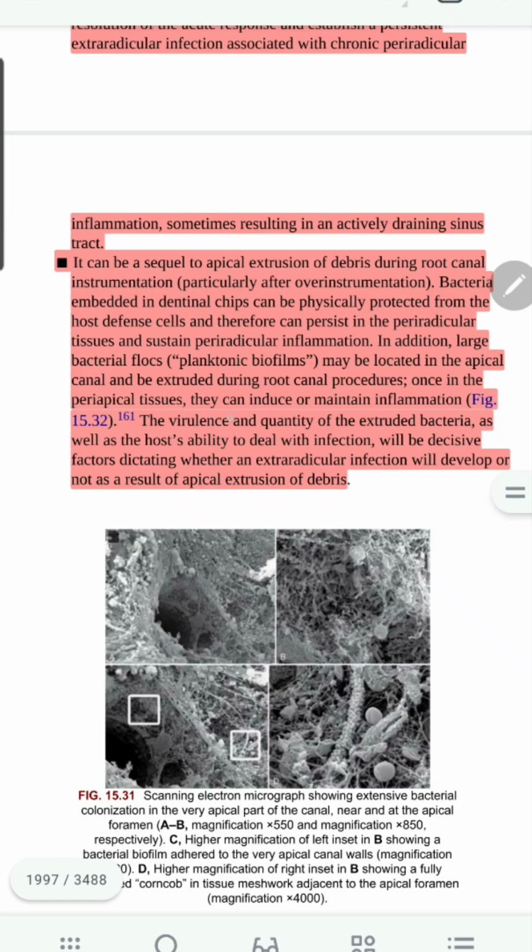And this is determined by the virulence and the quantity of the bacteria and the host's ability to deal with the infection.